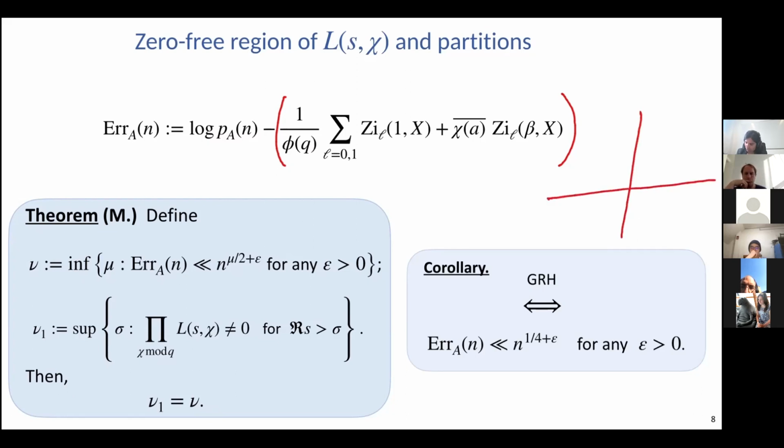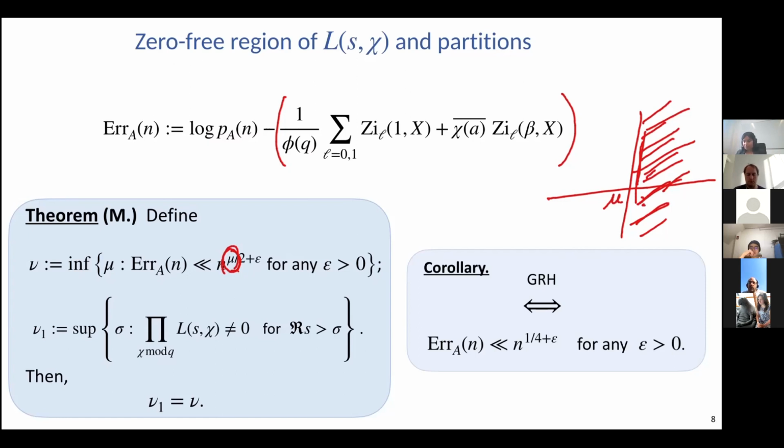So suppose there are no zeros in this area, then the best vertical line that you could get over here is exactly related to this power that you have in the error term. So this n to the power mu over 2 is exactly related to this mu over here. And the best zero free region that you could get will give you the best error term, is all that we are saying over here.